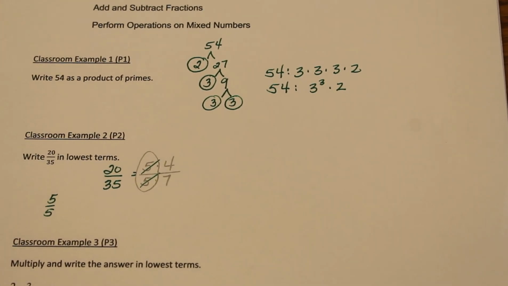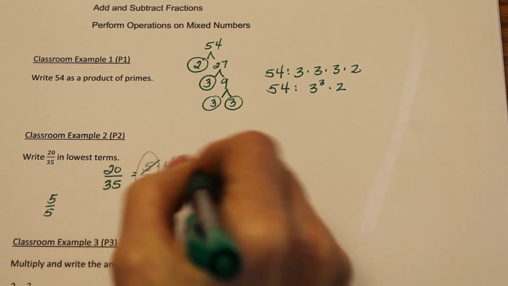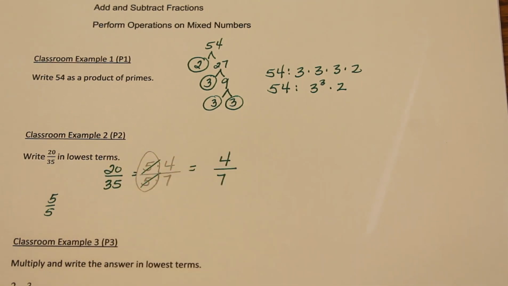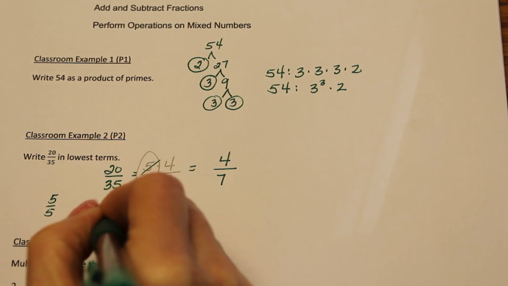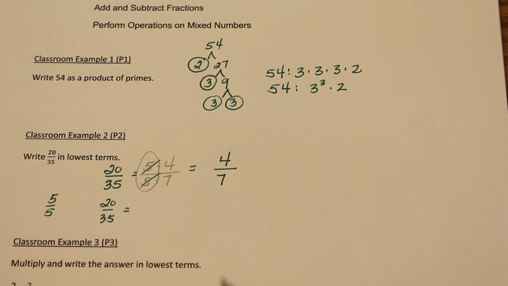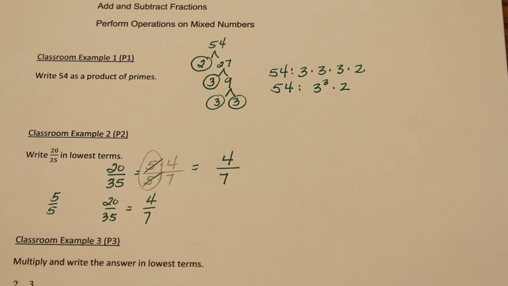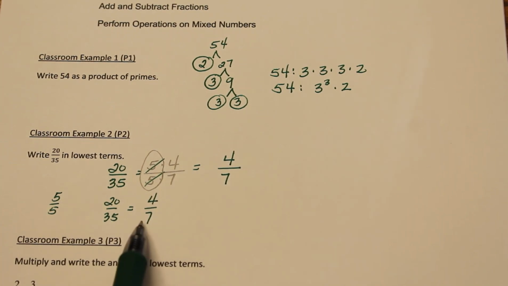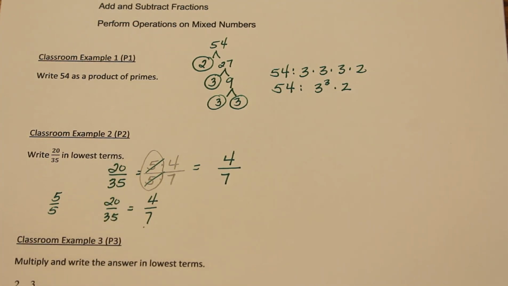So what's left? All I've got left in my numerator is 4, and all I've got left in my denominator is 7. So 20 over 35 is equivalent, has the same value as 4 over 7. It's just that 4 over 7 is in its simplest form. So why don't you go ahead right now and try practice 2.